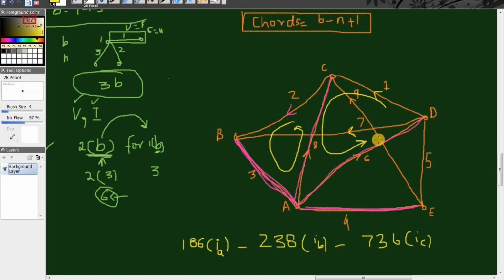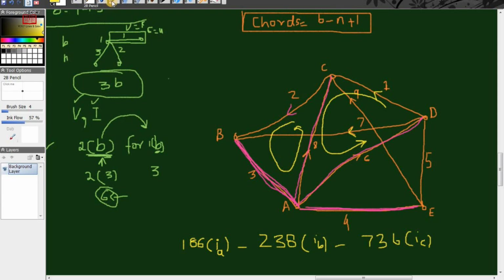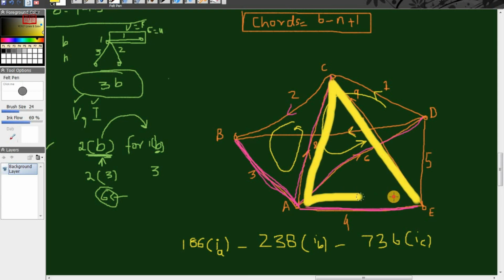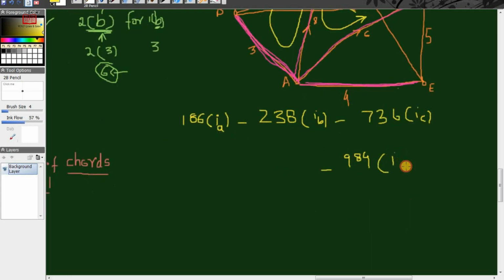Then another loop, you can see by the code number, is 984. You got it? I think you got it. The current for this one is ID.